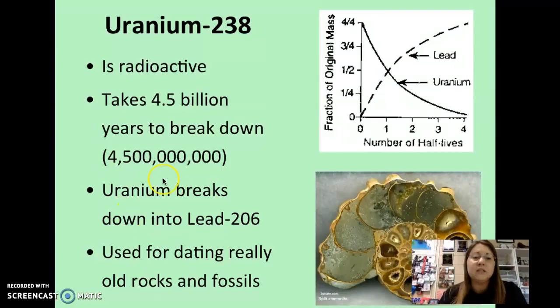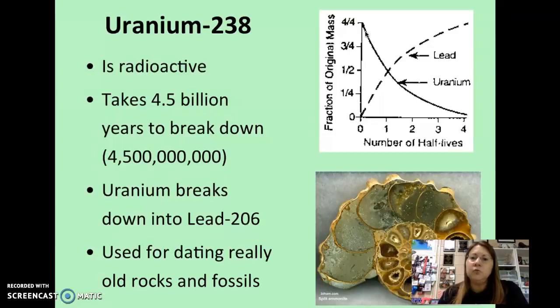And as uranium breaks down, like we were looking at the rock picture just a minute ago, the uranium is going to break down into lead. So uranium is going to be useful for dating rocks and fossils that are really old. If you look at this graph, it's similar to the one that we were looking at a few minutes ago.